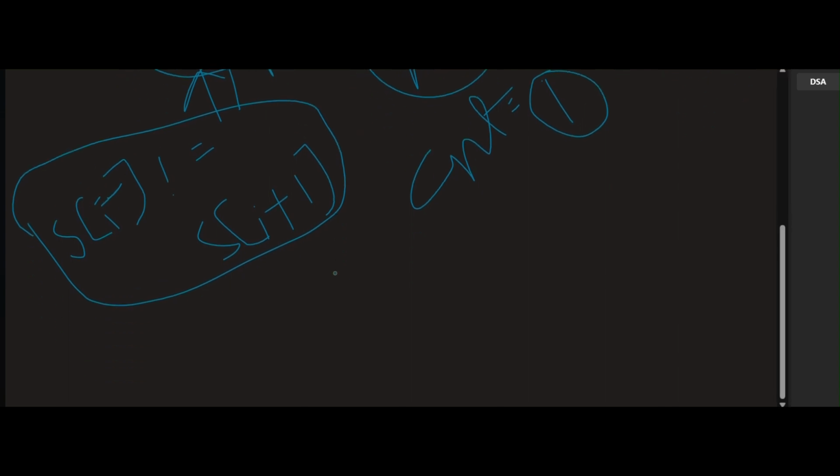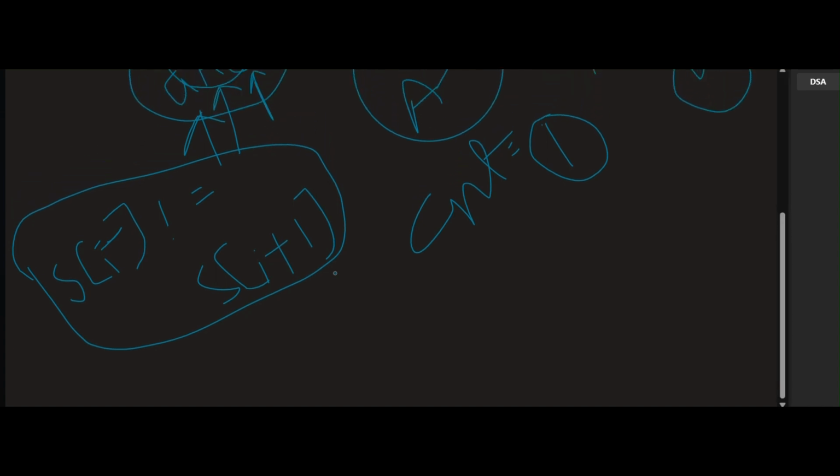This is the main scenario. We are comparing the two indexes s of i and s of i plus 1. If they are different, we count it as a changing of a key, and if they are the same, we will not take it as changing of a key.